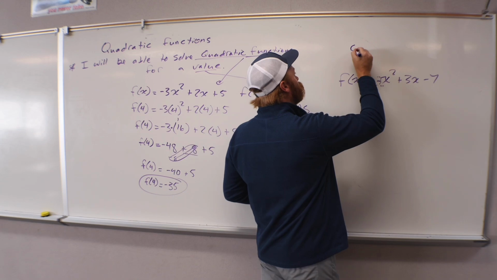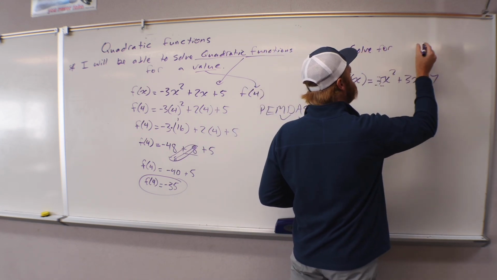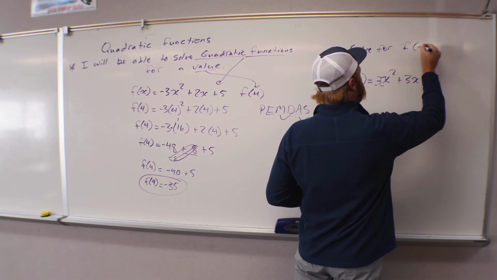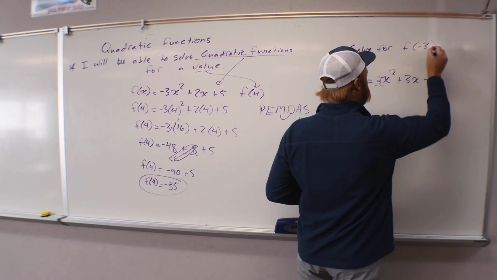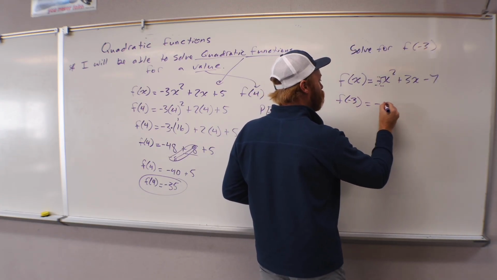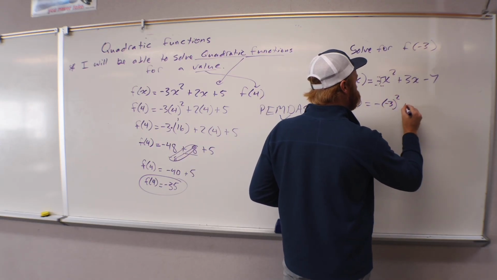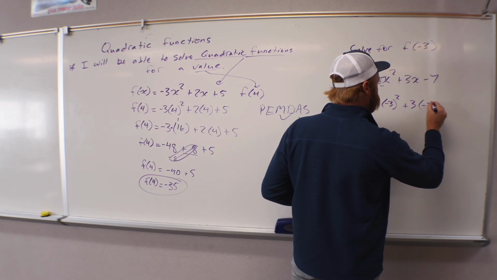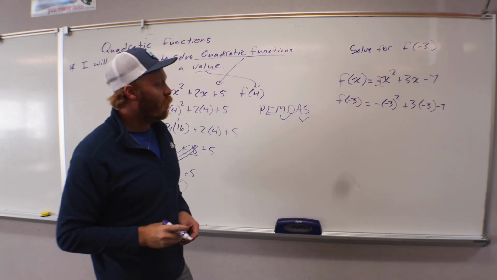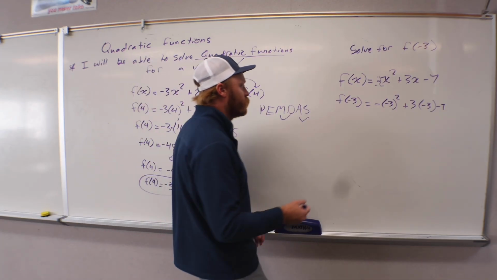So if we're saying solve for, let's have a little bit of fun with this. Let's say f of negative 3. We plug this in, we'd have f of negative 3 equals negative, put your parentheses where that x is, negative 3 squared plus 3 times negative 3 minus 7. Okay, so we're going to do that negative 3 squared first.